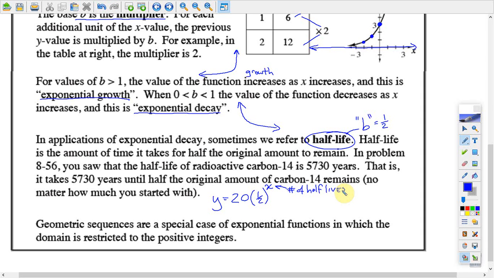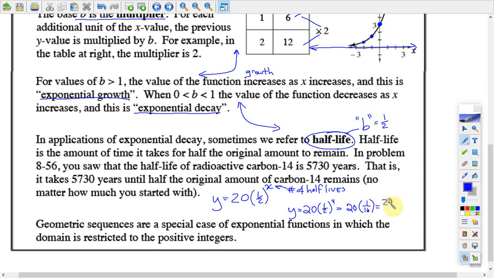So if we wanted to know how much was left after 4 half-lives, we would say y equals 20 times 1/2 to the 4th power. 1/2 to the 4th power is 1/2 times 1/2 times 1/2 times 1/2, which is going to be 1/16.